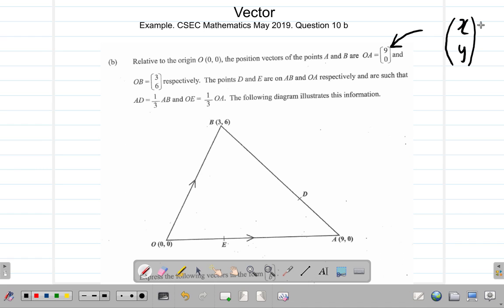X, remember, tells you whether you are moving left or right. You're positive to the right, negative to the left. Y tells you whether you move up or down from the origin. Upwards is positive, downwards is negative. Remember those things.